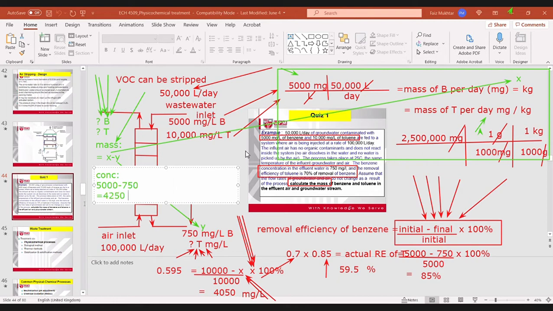Okay, let's say you calculate concentration per liter in minus 750. So whatever remaining is the amount here.